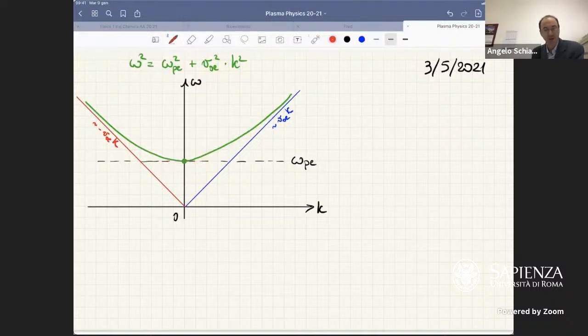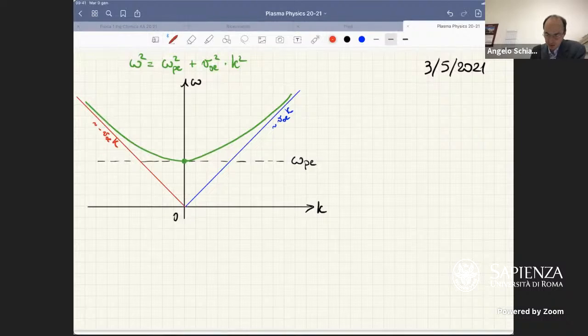So let's recall the properties of this function, and from the dispersion relation, we can recover both the phase velocity and the group velocity.